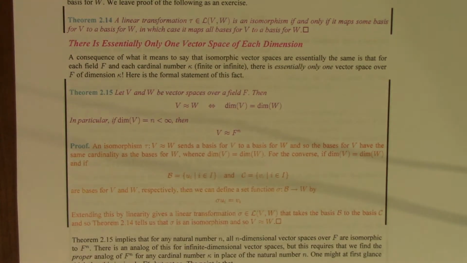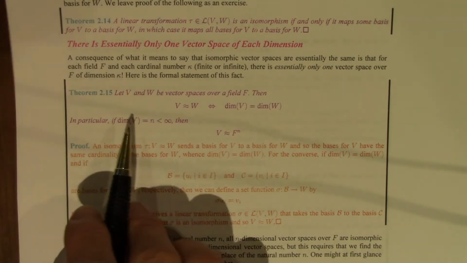One could also phrase it, and I think you'll hear this more often than not, that there is, up to isomorphism, only one vector space of each dimension over a given field F.